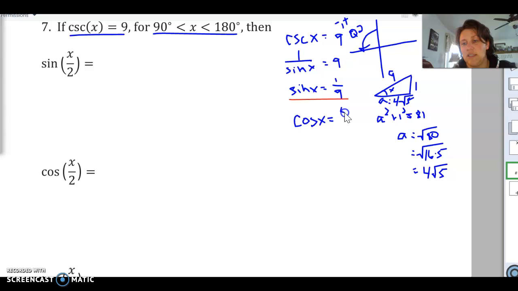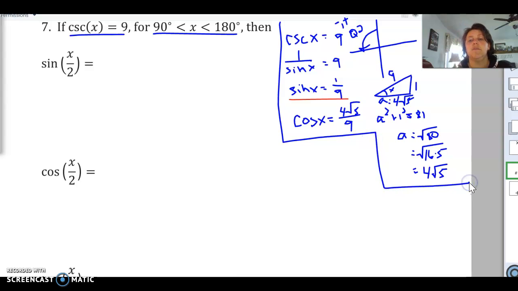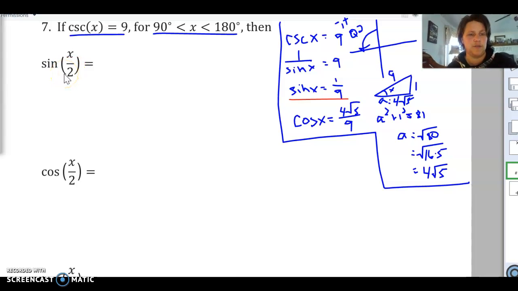So cosine of x is going to be equal to 4 square root of 5 over 9. All right, now this is all just scratch work to get us going and give us most of the information that we need to know for these equations over here. So now let's go ahead and get started over for the problems that we want to find.